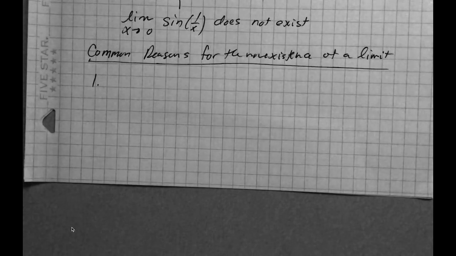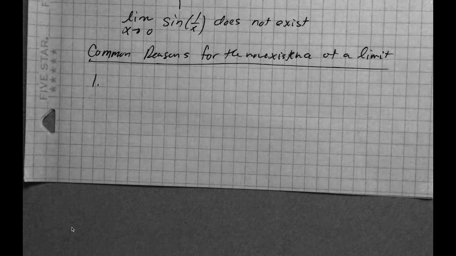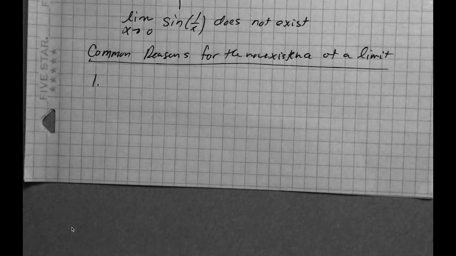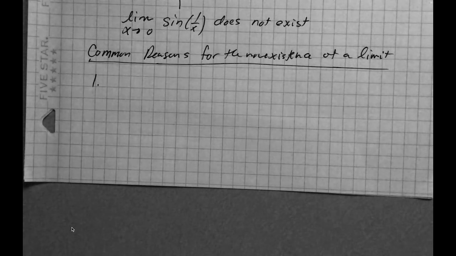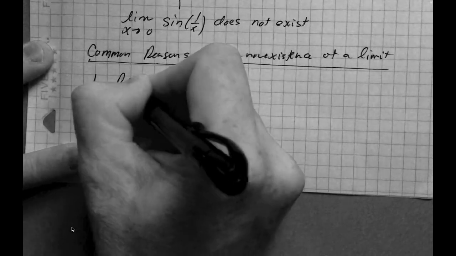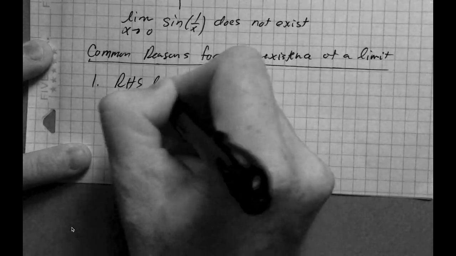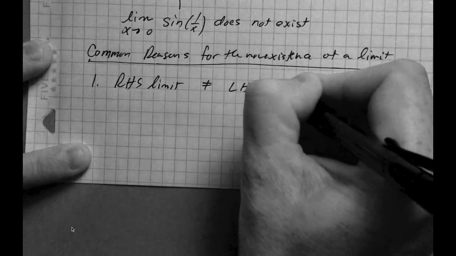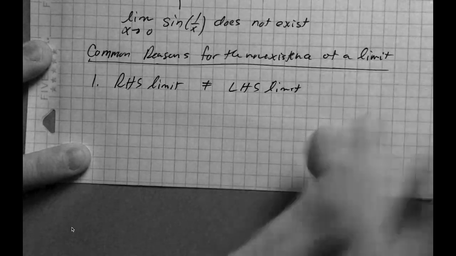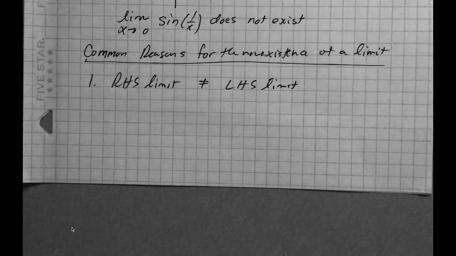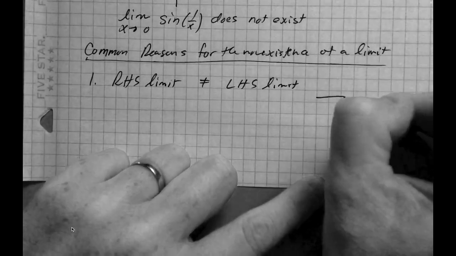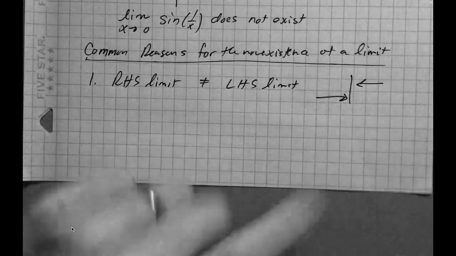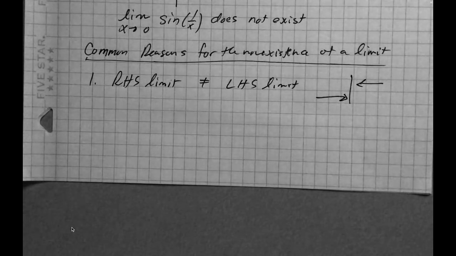Well, the first one we saw was when f of x approaches different values from the right-hand side and from the left-hand side. So the right-hand side limit does not equal the left-hand side limit. Right, so they basically don't agree when they come together. That was the first example that we saw.